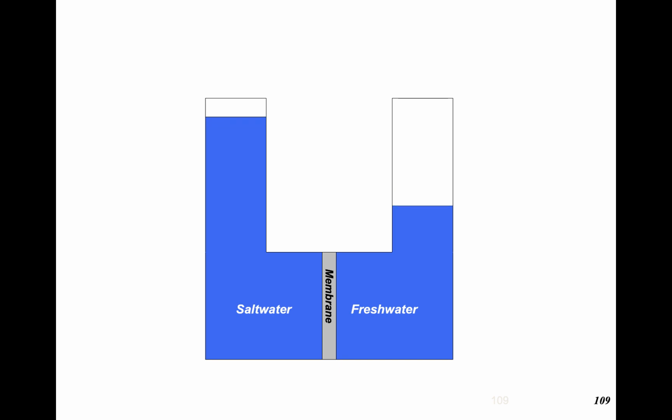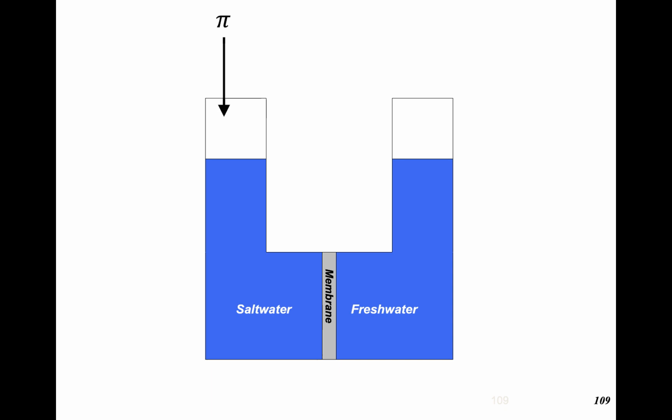And if we just keep this system at, for example, ambient pressure on both sides, the tendency is for the fresh water to cross the membrane to try and dilute the salt out of the water on the salt water side, because the concentration of water on the salt water side is lower than it is on the freshwater side. That means that the chemical potential of water on the freshwater side is higher than it is on the saltwater side, and so that's going to drive the transport of water through that membrane.